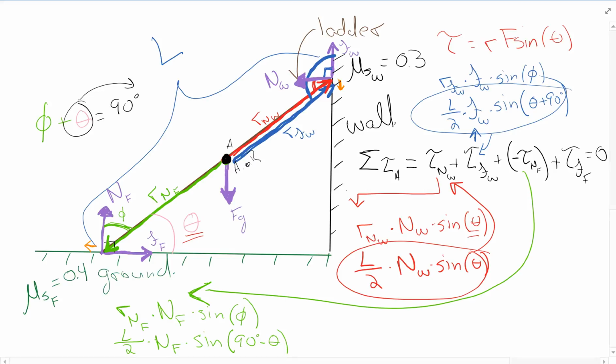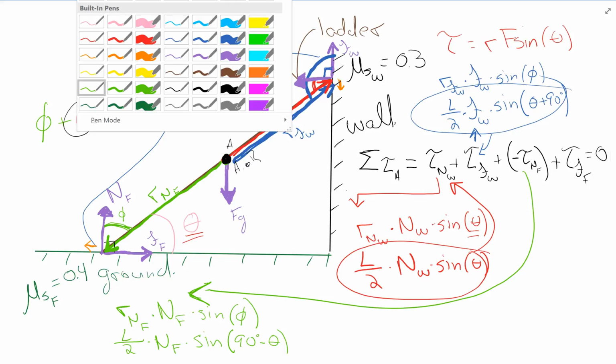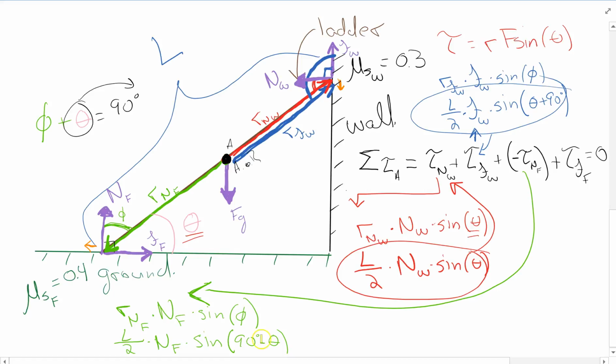So one thing I definitely want you to keep track of in your head, if you notice, here my angle, my variable is theta. Here my angle, my variable is theta. Here my angle, my variable is theta. So far, in 3 of the 4 terms that we've written out, our variable in our angle is theta, which is good. I'm looking to solve for theta.